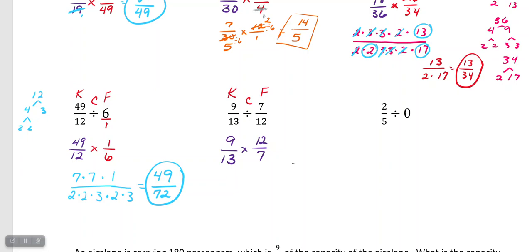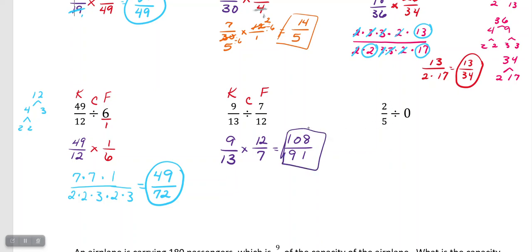Change division to multiplication. Then I look at what cancels. Nothing cancels, so I multiply straight across. 9 times 12 is 108. 13 times 7 is 91. And that is my final answer.